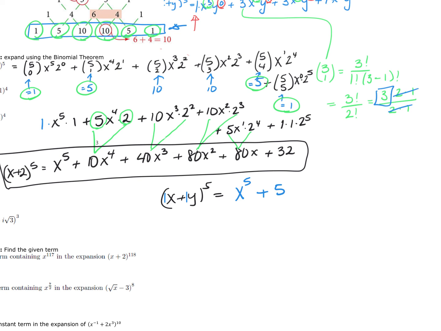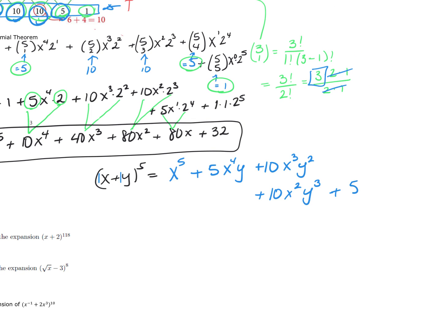Plus 5, because that's this 5 right here. x one power less, y is now introduced to the power of 1, plus 10, because that's this one. x one power less, y is going to increase a power, plus 10, and that's this one. x one power less, y increasing a power, 5. x dropping a power, y increasing a power, and then lastly, y raised to the 5th power. That's because my coefficients on x and y are both 1s.